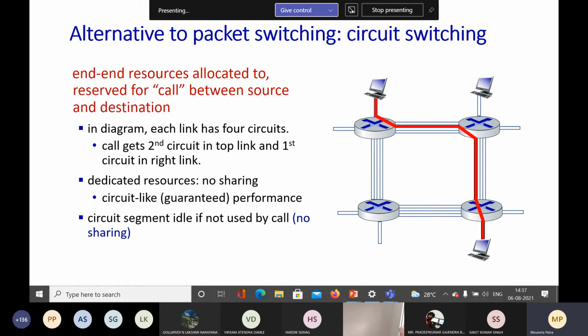The office itself would tell you that you can take only this much time. Then they would make a dedicated line from you to the particular destination. So that is like a circuit, right?